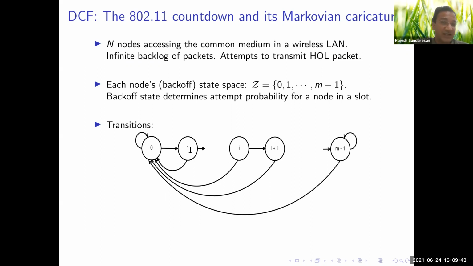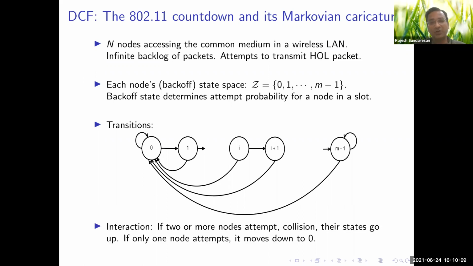But if we fail, we have attempted now twice, so we go to the next higher state. So in general, at i, you can either succeed or fail. If you fail, you go to i plus 1. If you succeed in transmitting this packet, you come down to 0. So that's about packet successes and failures and how they tell us whether we will go to the next higher state if we fail, or go to 0 if we succeed.